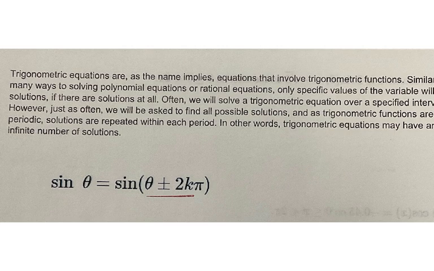So, what they're saying is, this kind of goes back to when we were talking about inverse trig functions. If I tell you sine of some angle equals radical 2 over 2, what is the angle?